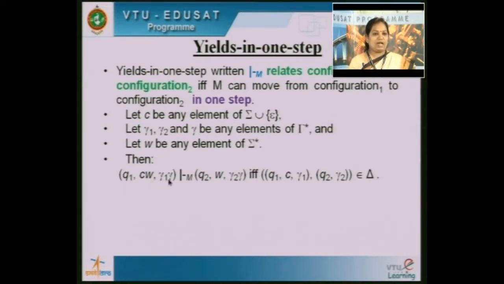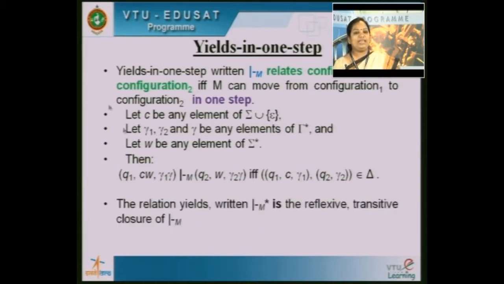Then if I have a rule (Q1, C, gamma 1) to (Q2, gamma 2) in Δ, then the configuration (Q1, CW, gamma 1 gamma) yields (Q2, W, gamma 2 gamma). Here the current state is Q1, the current input symbol is C, and the topmost element of the stack is gamma 1. Then what to do? Move from state Q1 to Q2 and consume C. Once C has been consumed, the unread input left is W. Then pop gamma 1 from the stack and push gamma 2 onto the stack.